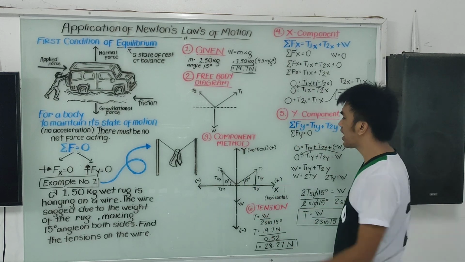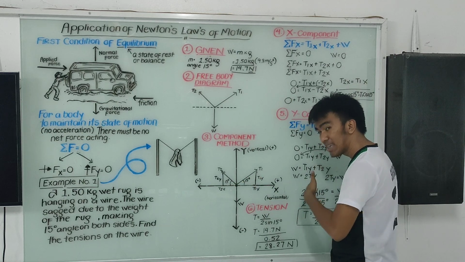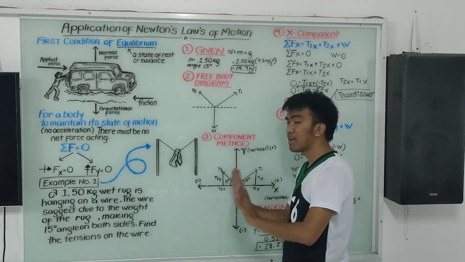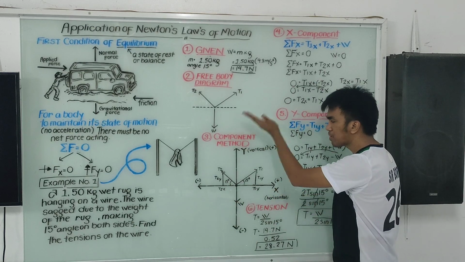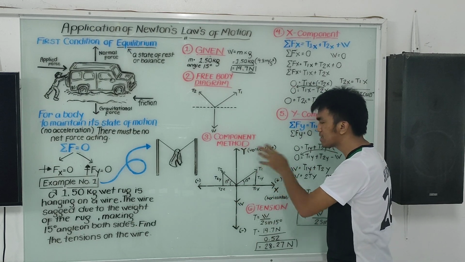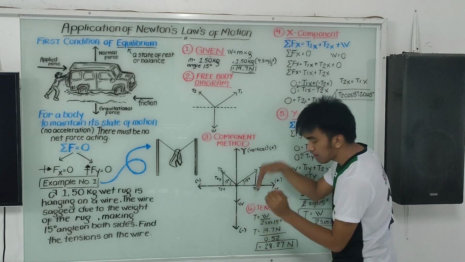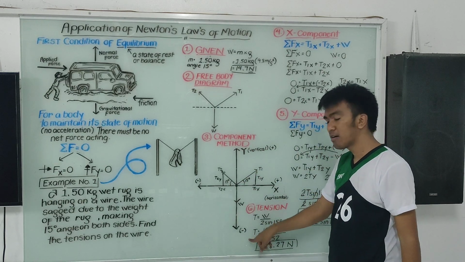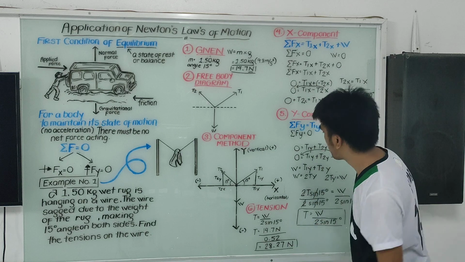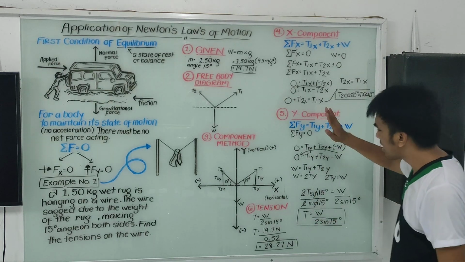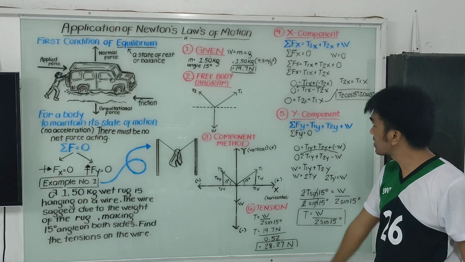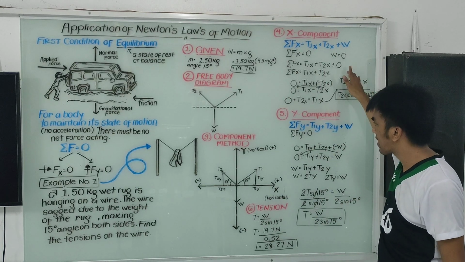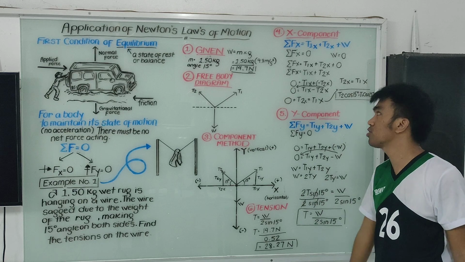Remember that all x on this side is positive, and on the left side, negative. On this part the y-axis is positive, and on this side the y-axis is negative. And then after identifying all the x and y components, we will now solve for the x and y components and for the tension.